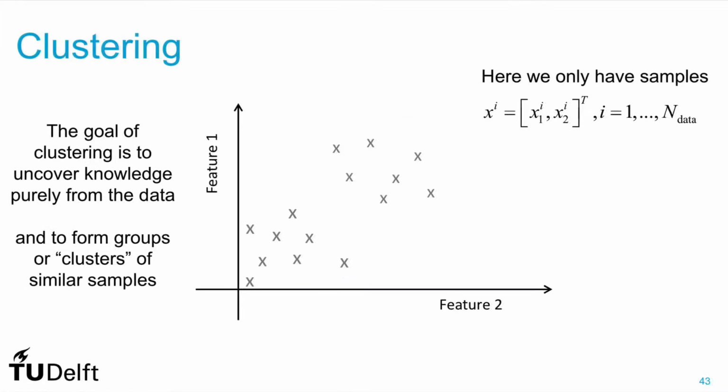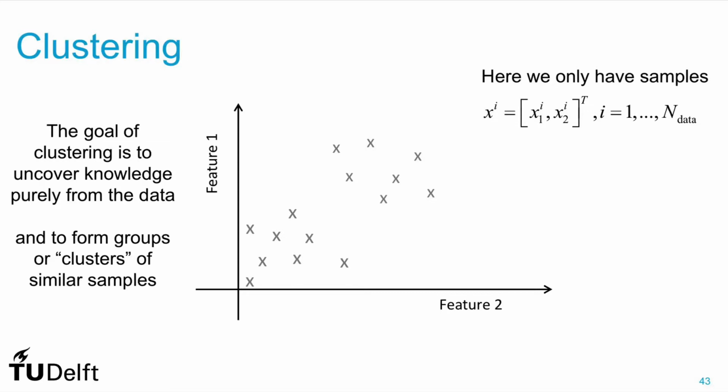The goal of clustering is then to uncover, to extract knowledge purely from the data. From that extraction of knowledge, we expect to form groups, or clusters, that will comprise similar samples. If the features are correctly selected, we can expect that data that is near to each other will contain similar properties.